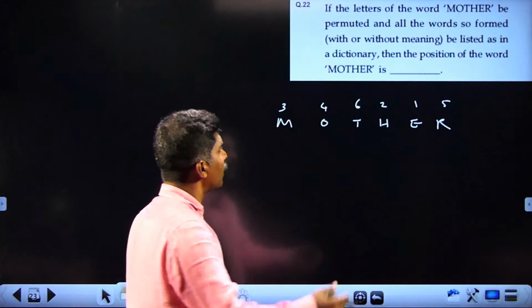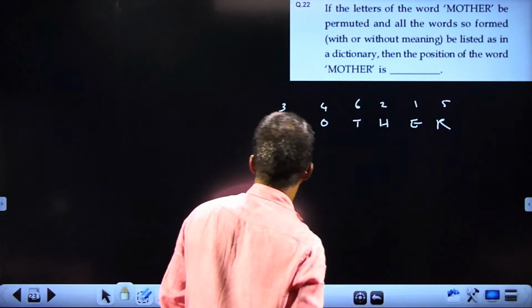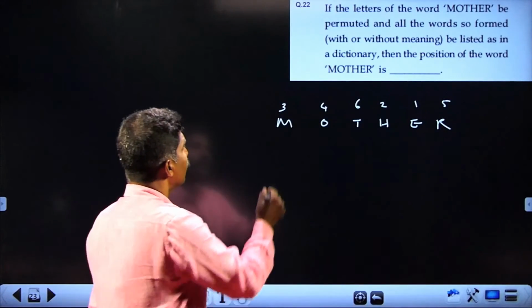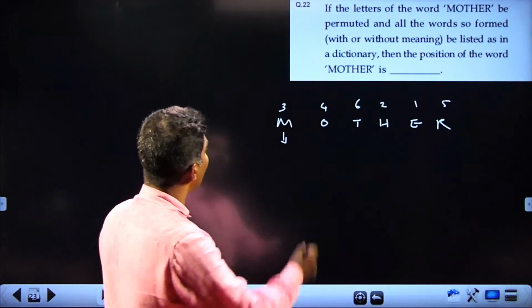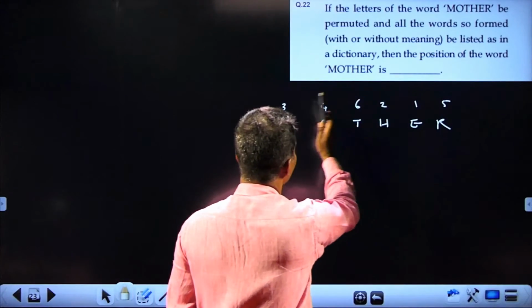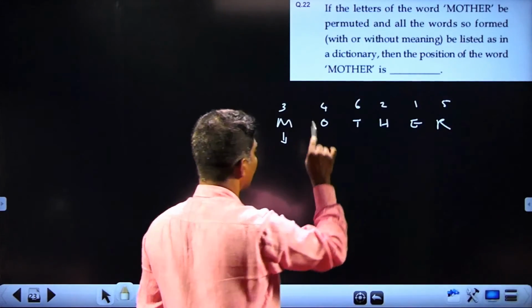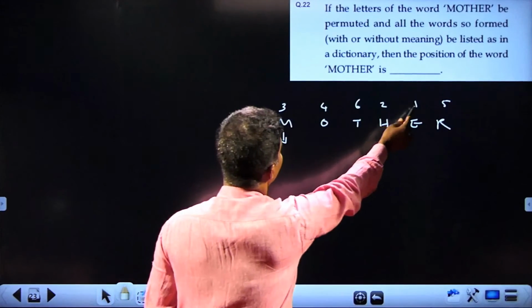Alphabetically, if you write alphabetically, E will be the first, H will be second. Then compute how many letters are there on the right side of M and whose rank of the letter is less than 3. So you can say 2 and 1, that is 2.